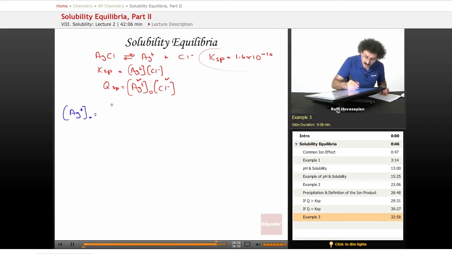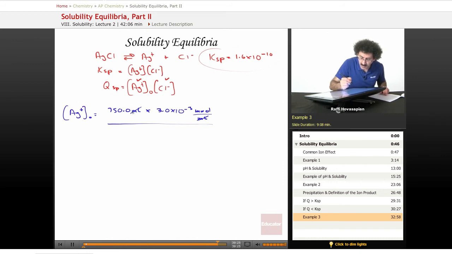Well, we had 750.0 milliliters of a 3.0, not 2.0, volume times molarity, 3.0 times 10 to the negative 3 millimoles per milliliter.